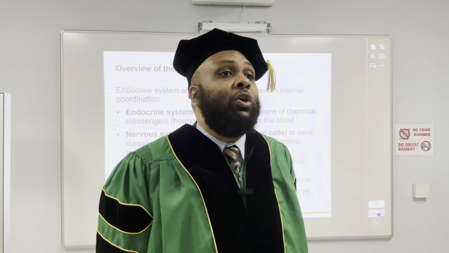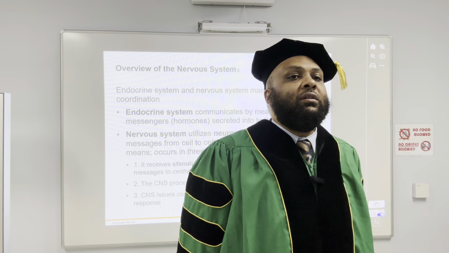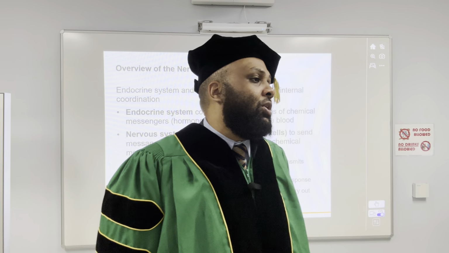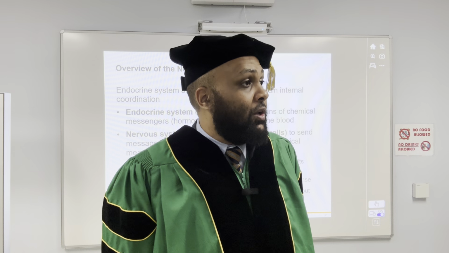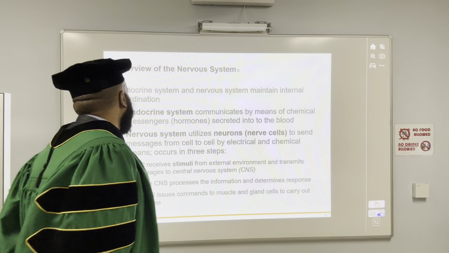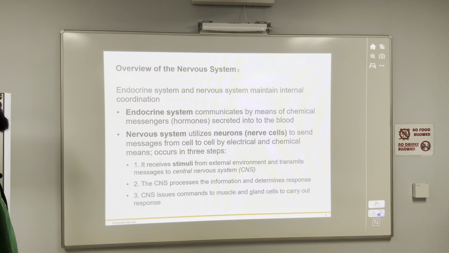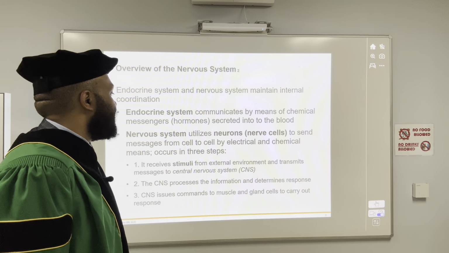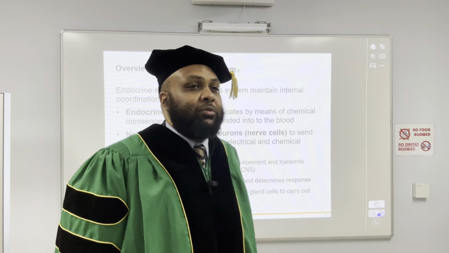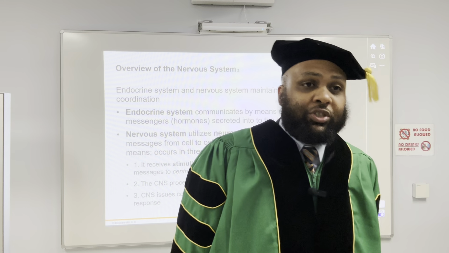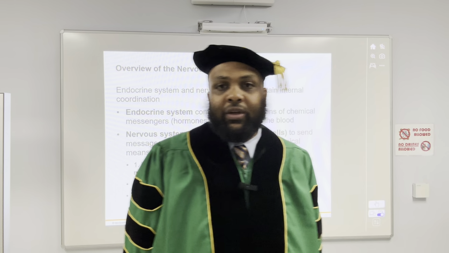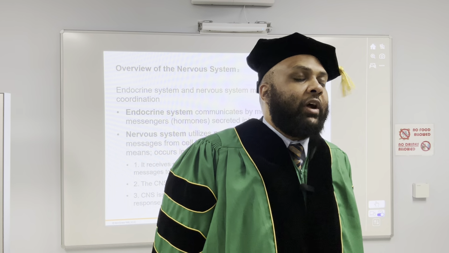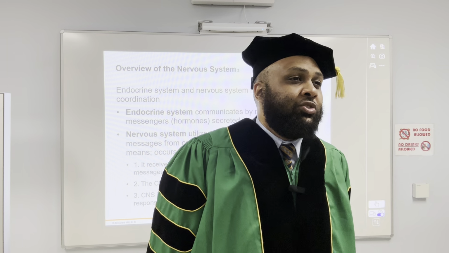If there's too much glucose, we secrete insulin from the pancreas. If there is too little glucose, we secrete glucagon. And the nervous tissue is going to utilize neurons. The endocrine system is responsible for survival because too much sugar, hyperglycemia, will lead to death, and too little sugar, hypoglycemia, will lead to death.